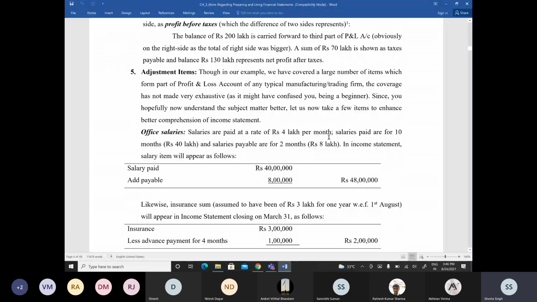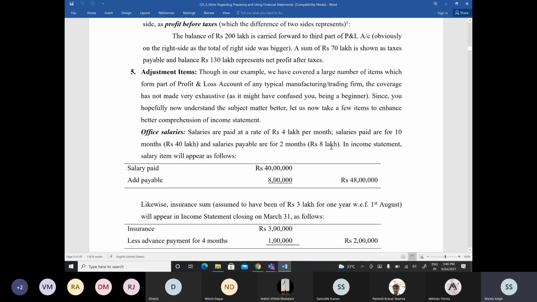Then another thing, adjustment items. Now I told you that the matching principle says that if you're looking at revenues for 1 year, then you should match it with the expenses also for that 1 year. So for example, salaries are paid at a rate of 4 lakhs per month. Salaries paid are for 10 months. So 10 months of salary you have paid, but 2 months of salary you still haven't paid.